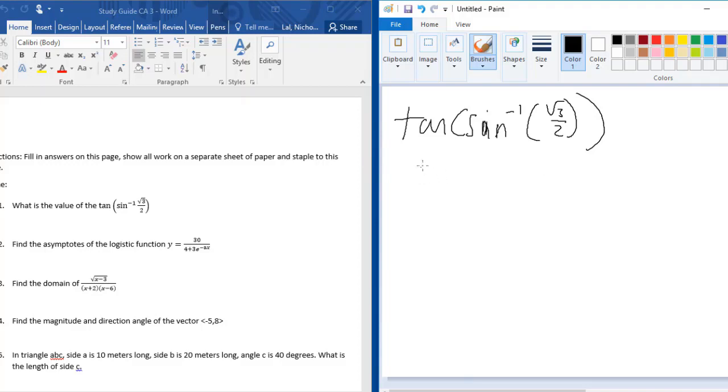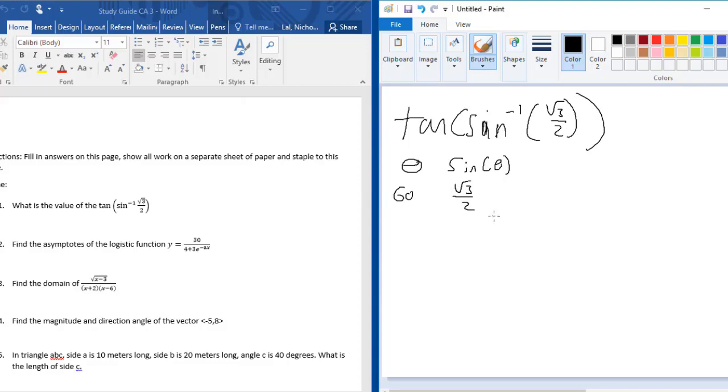So we know that the inverse sine of root 3 over 2 is asking ourselves the sine of what angle produces the value of root 3 over 2. And if we remember our unit circle values, when theta is 60 degrees, the sine of theta is root 3 over 2.